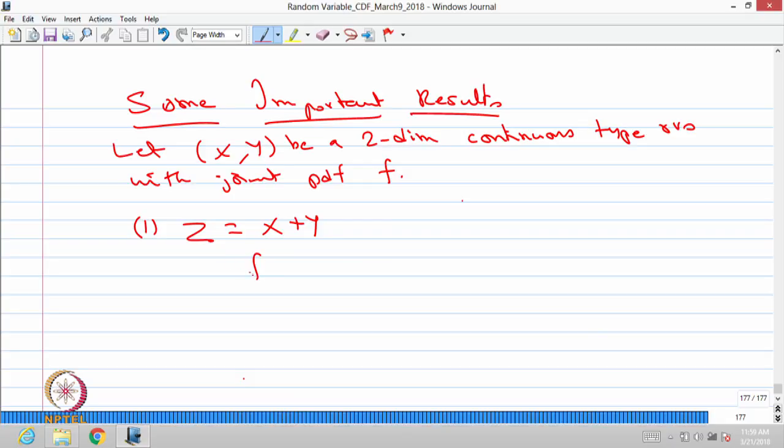That is, the probability density function of Z is going to be the integration from minus infinity to infinity of the joint probability density function of (X, Y) by replacing x by x, whereas y by z minus x. So, this is going to be the probability density function of Z when Z is X plus Y and X and Y are two dimensional continuous type random variables with the joint probability density function small f.